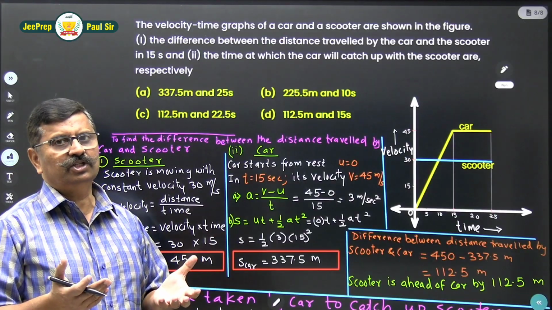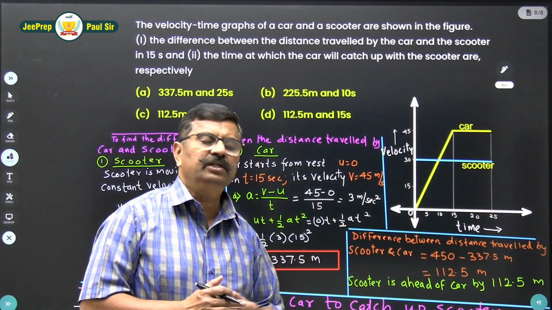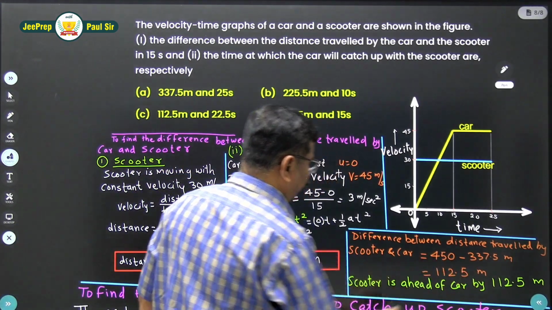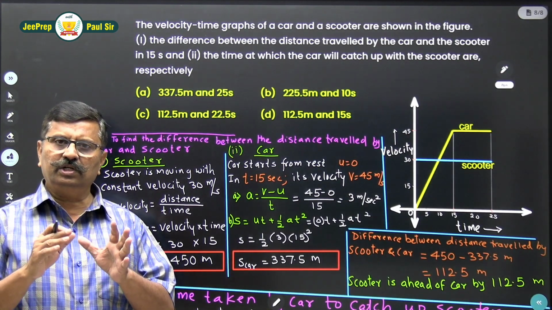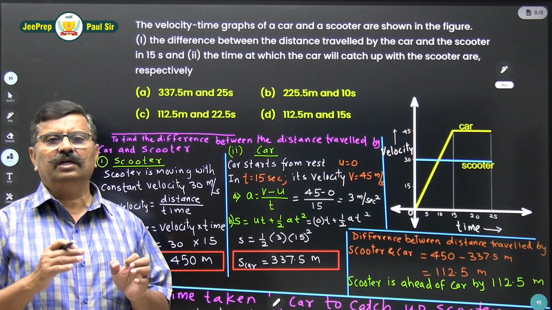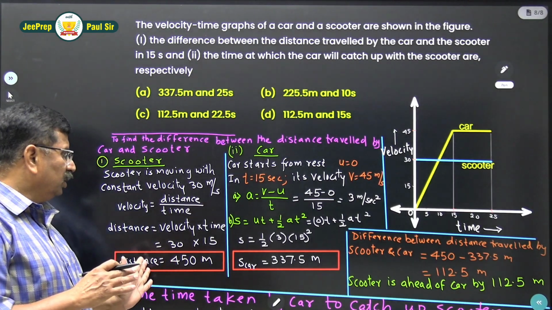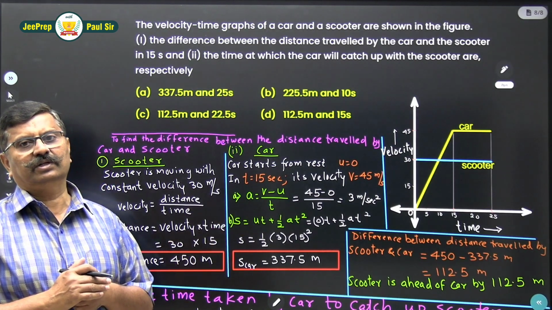So what is the difference in these two distances? Just a subtraction. So therefore, 450 minus 337.5 meter will give you 112.5 meter. So the difference between the distance traveled by the scooter and the car is 112.5 meter. Means scooter is ahead of car by 112.5 meter.